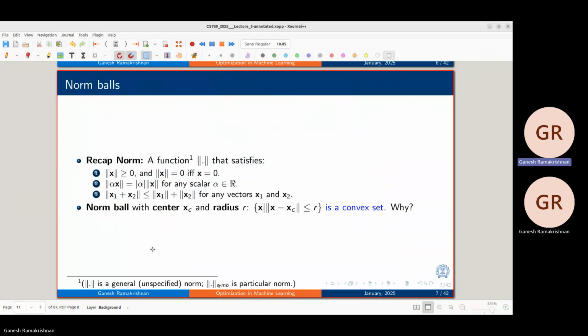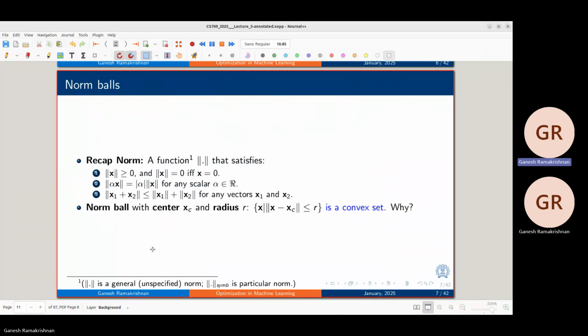Right? So you could think of some A induced norm, norm of x minus xc less than or equal to R.